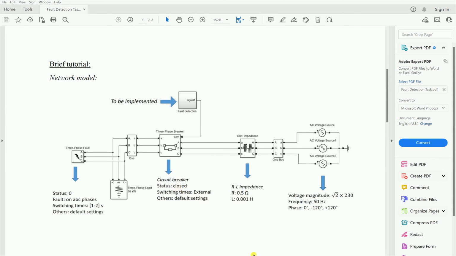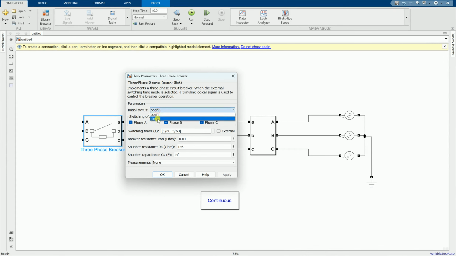It means it is normally closed. So I'll make this one normally closed. And when we give it a signal, we will switch A, B, and C, the 3-phase. So we have a 3-phase circuit breaker that will control A, B, and C.